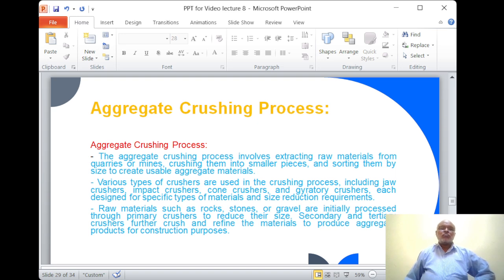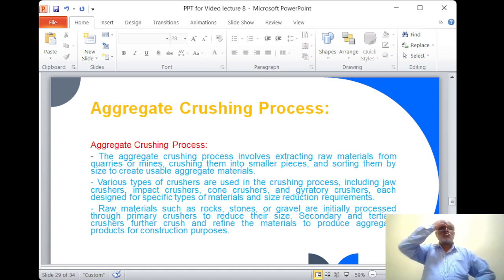Large rocks are brought from the quarry and fed into the primary crusher. The primary crusher breaks the rocks into smaller pieces. The smaller pieces then move to the secondary and tertiary crushers, where they are further broken down into various sizes.